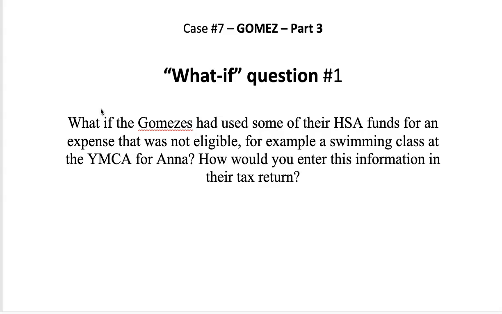Basically, you're entering the amount of money that was taken out, and then you're discussing with the taxpayer whether or not they can find qualifying expenses that reach that amount. If they can, that's great. If they can't, then again, they're going to have to pay taxes on the difference. It's going to increase their income.